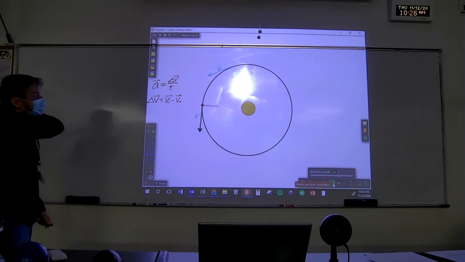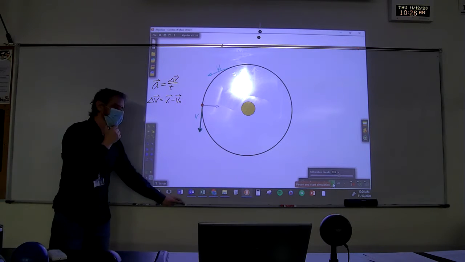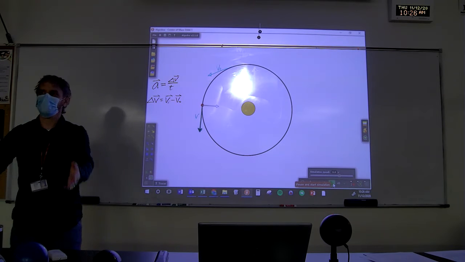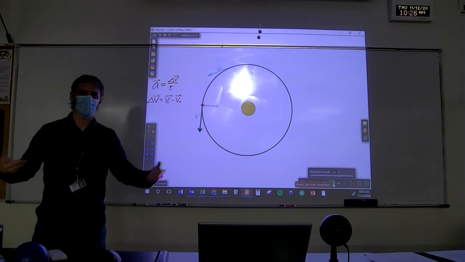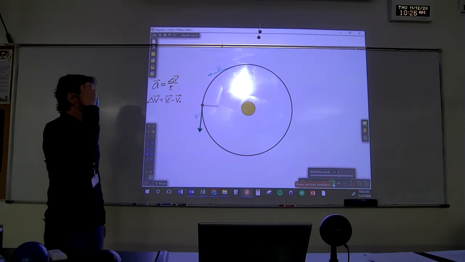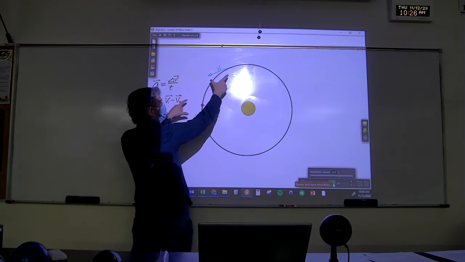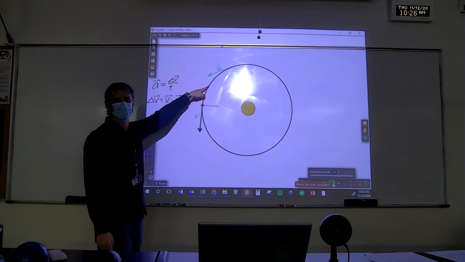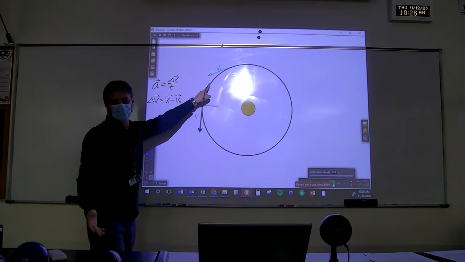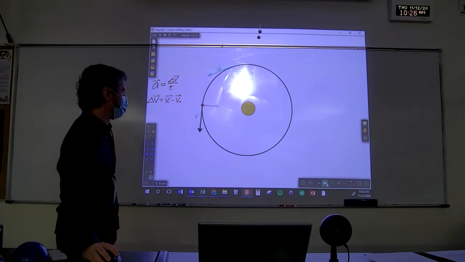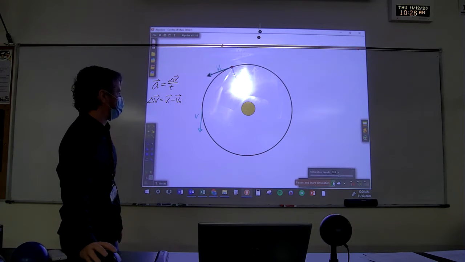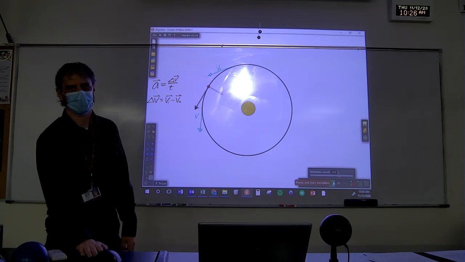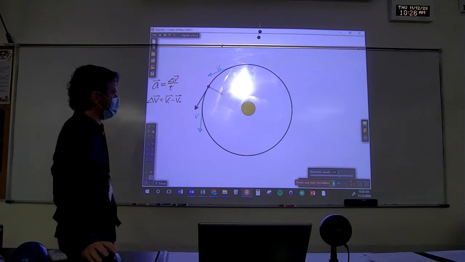Now, if I wanted to say the average velocity, you guys know that if you find the average velocity moving in a straight line, you just add them together and divide by 2, right? If I wanted to talk about the object's average velocity as it goes from here to here, wouldn't I draw that vector right in the middle? Wouldn't that make sense? Between these two vectors, I would say their average velocity is pretty much right about there, right in the center. Can we kind of understand that?